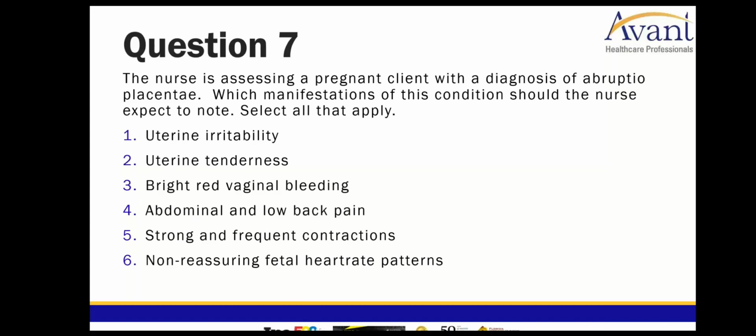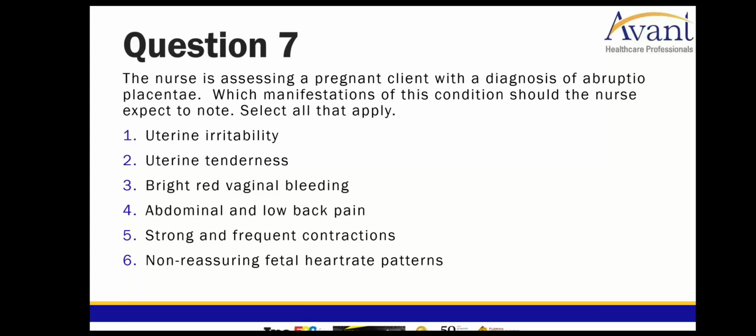So, what are some of the manifestations the nurse is concerned about when it comes to the diagnosis of abruptio placenta? We first have to understand what abruptio placenta is. It's exactly the way it sounds. It's a separation of the normally implanted placenta before the fetus is born. It occurs when there is bleeding and formation of a hematoma on the maternal side of the placenta.